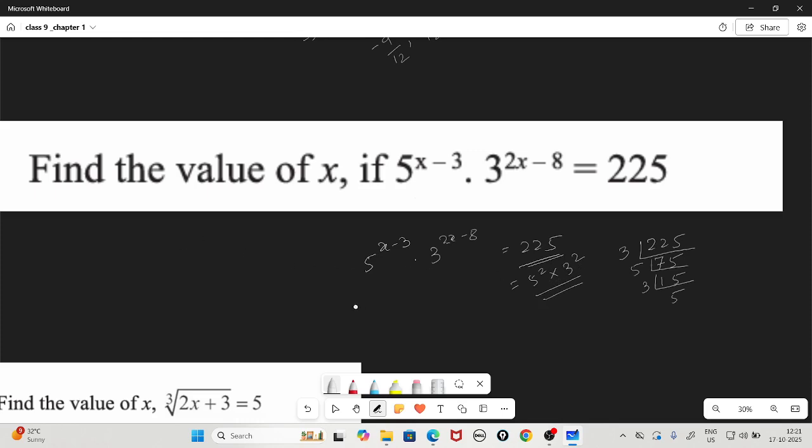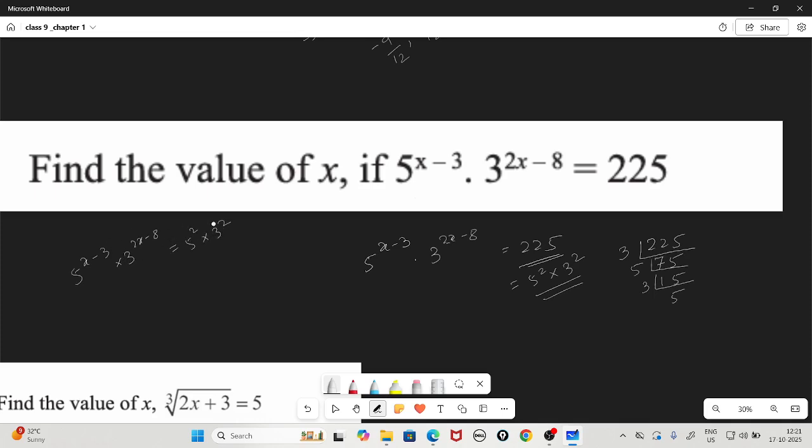Now the equation which was given to us turns out to be 5 to the power x minus 3 into 3 to the power 2x minus 8 is equal to 5 square into 3 square.